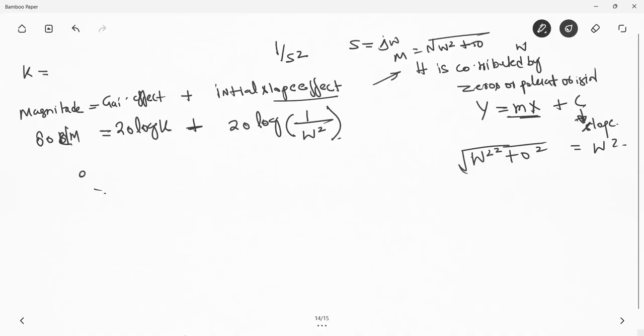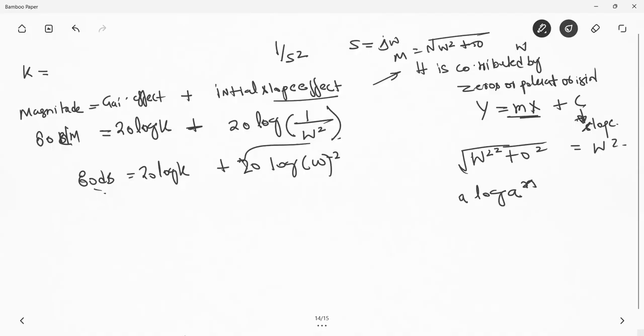Again this is in dBs, 80 dB. This is your 20 log k, the value you have to calculate. This is 20 log omega to the power minus 2. So you just bring down the exponent using the formula: log a to the power n can be written as n log a.